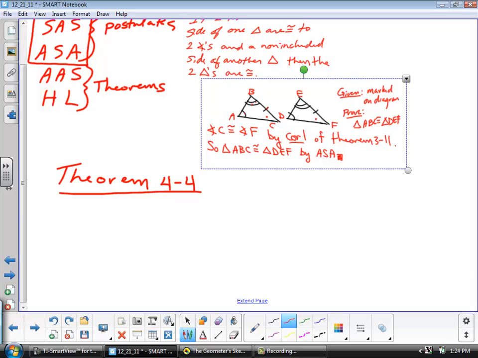Theorem 4.4 is called the hypotenuse leg theorem. What type of triangle has a hypotenuse and a leg? A right triangle. So this theorem is only good for right triangles. So, hypotenuse leg theorem, or in other words, HL.